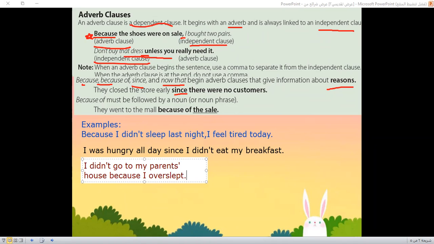Yes, you're correct. Perfect, excellent. You see, there is something that had happened. I didn't go to my parents' house. Why is that? Because I overslept. Very easy and clear sentence.